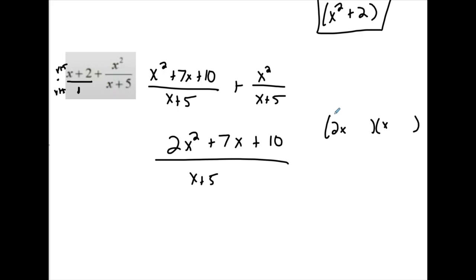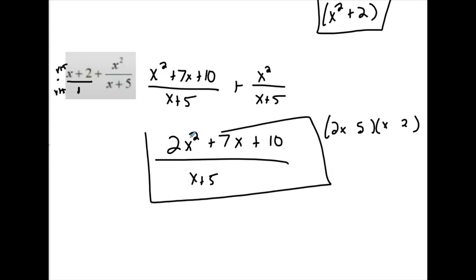I don't think I can get to 7. No, that won't work. You'll get 4. Nope. Let me see. No, I don't think you can get it to work. So I'm just going to leave it as this. If you could factor it, then that's something that you could investigate.